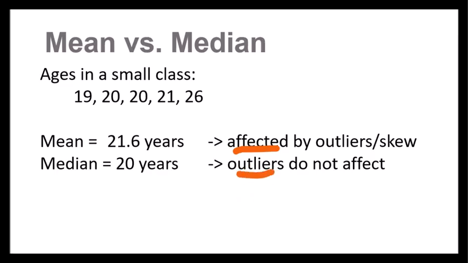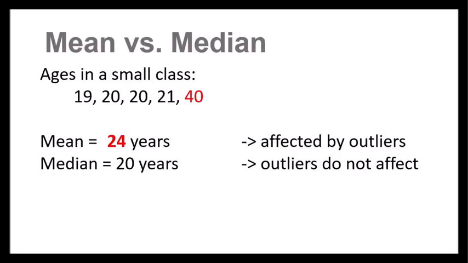And a good way to visualize this is by imagining taking this 26, which was already maybe an outlier. It's quite a bit higher than the other data values. And what if we made it much higher? So if that oldest person in the class, rather than being 26, was actually 40, well, this is going to increase my mean because the total of all of these numbers is quite a bit higher.